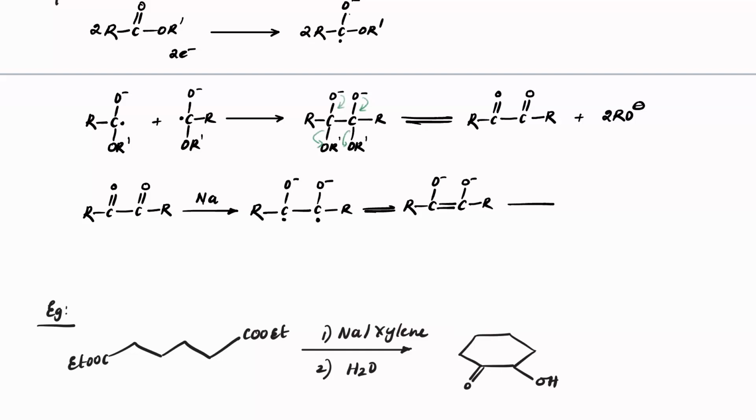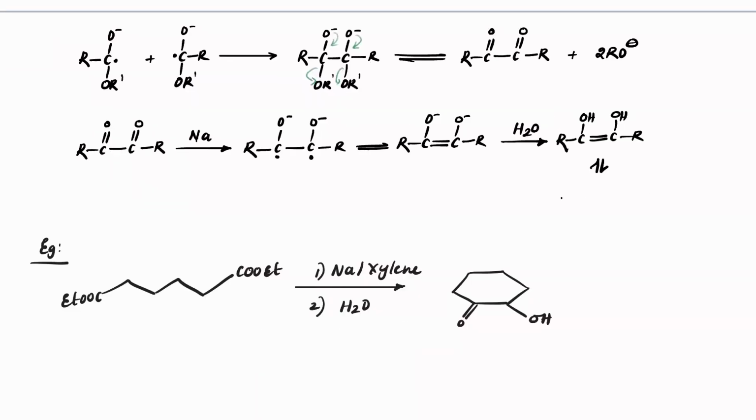And as you hydrolyze this part, we will get this as R, COH, COH, and R. So this will undergo tautomerism, making one of the compounds get converted into ketone, the other will remain as alcohol.